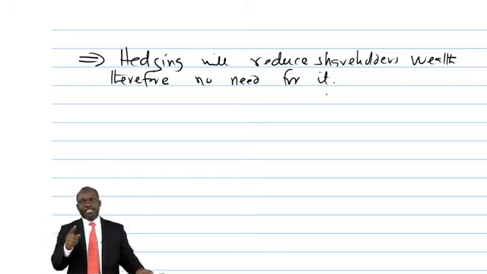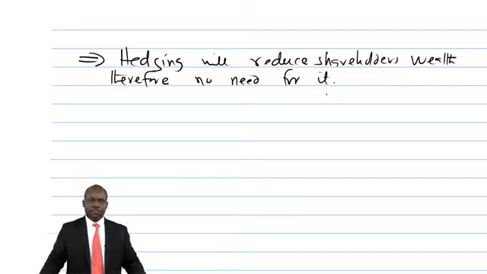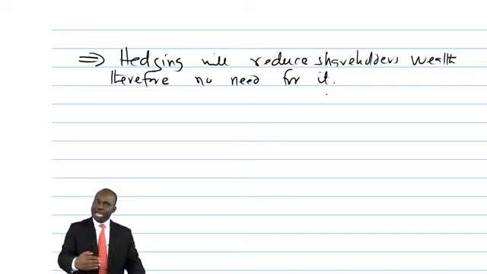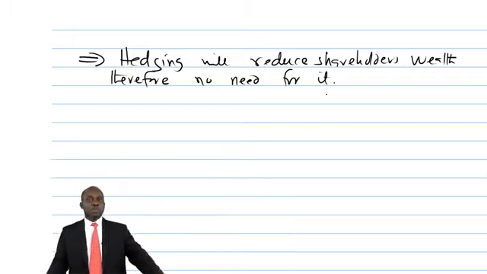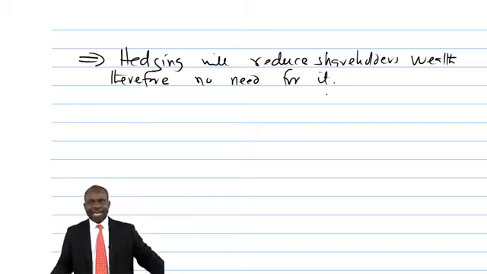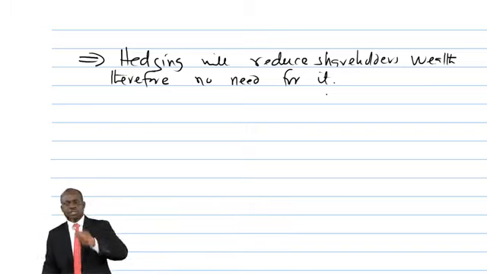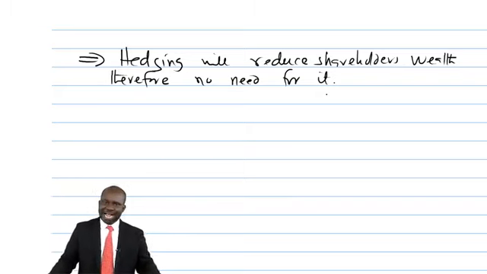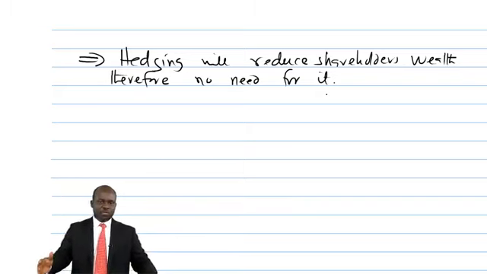Hedging is there to reduce risk. This is where students couldn't analyze. Hedging is there to reduce risk. So if hedging will be able to reduce risk, then it will reduce WACC and the market value of the company will increase. Or even the cash flows of the company will increase.